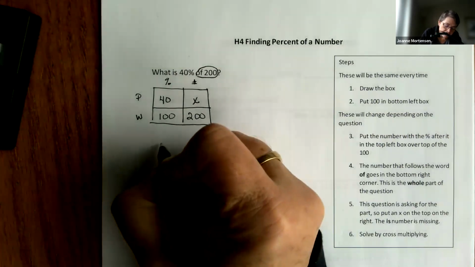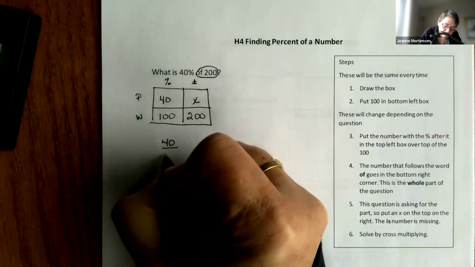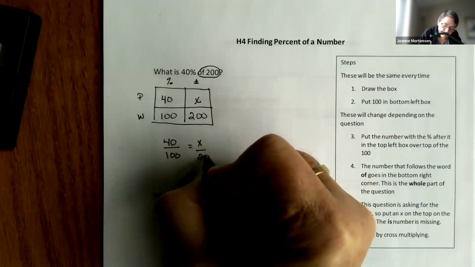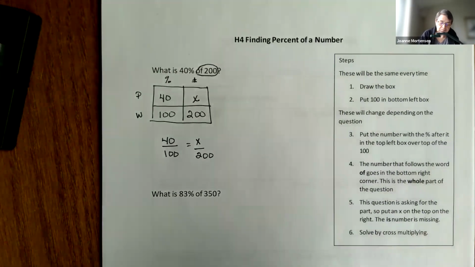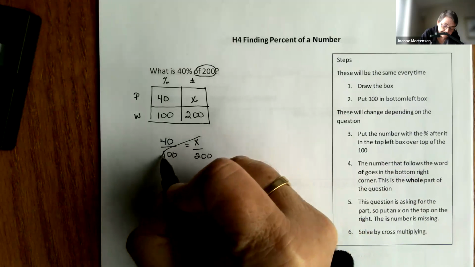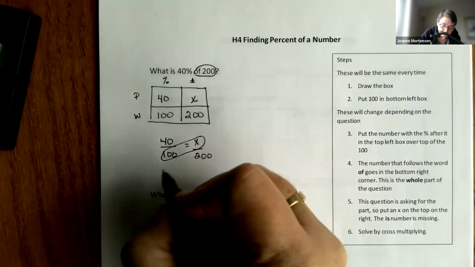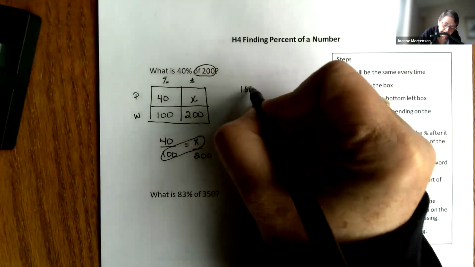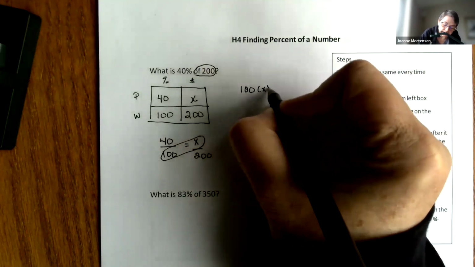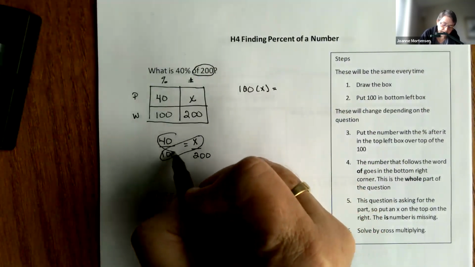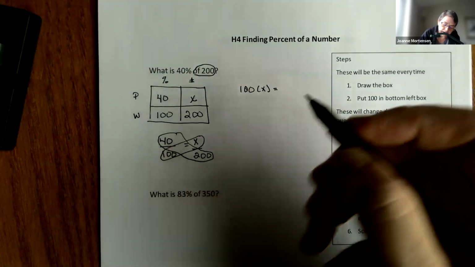Then I'm just going to take that and rewrite it. Now, for these, I just cross multiply. I do it all the time. So we go one direction, and then I go the other direction.